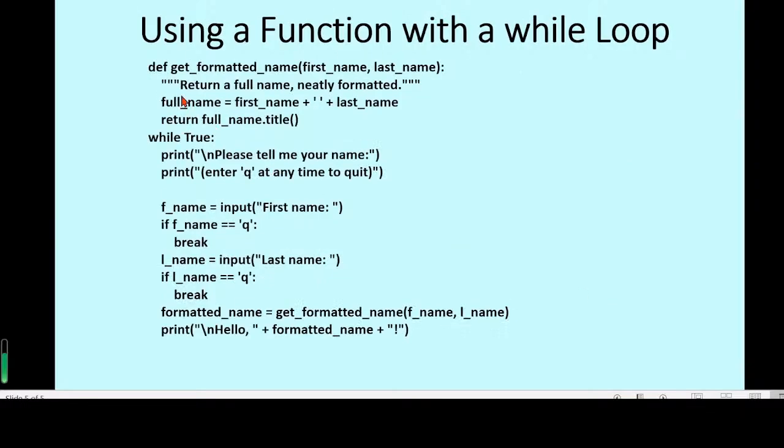So we change the while loop here. After the user sees the prompt for the first name, after the user inputs, there will be an if conditional test. So if the user inputs Q for the first name, then it will break, and the while loop will stop. The next input, the last name from the user, also has an if test. If this time the user inputs Q, then it will also break.